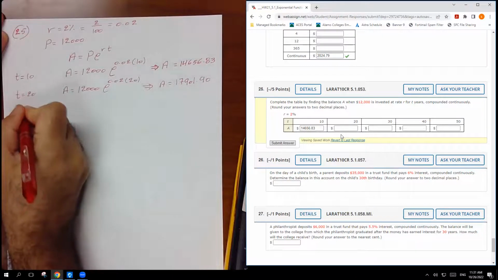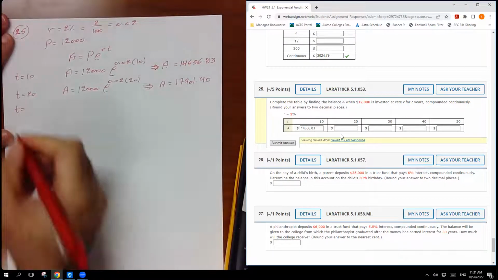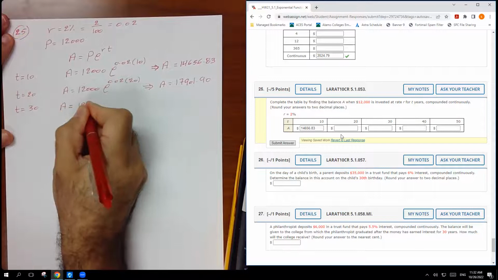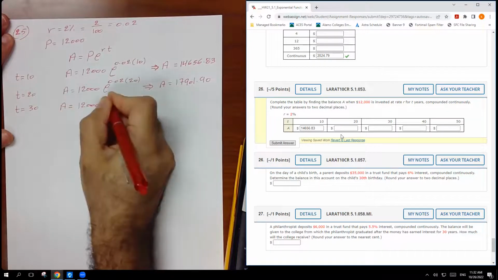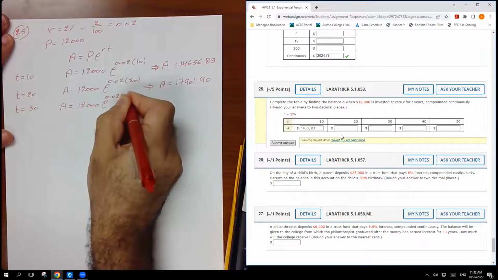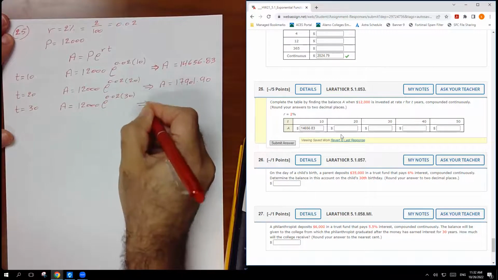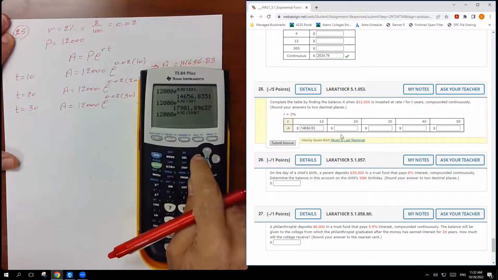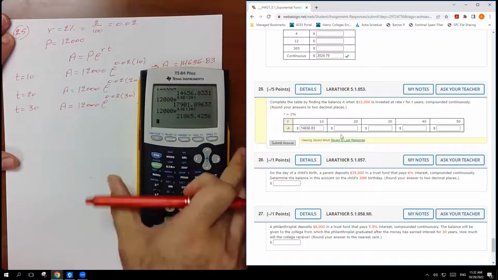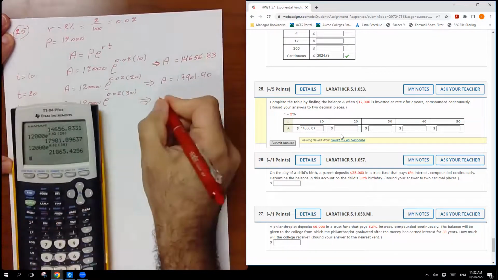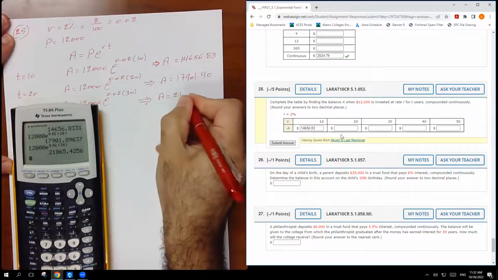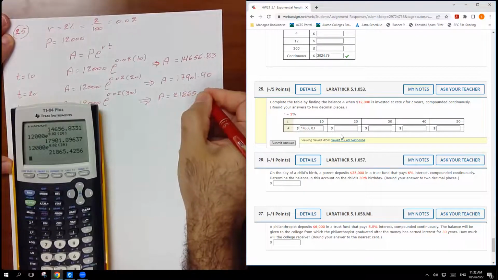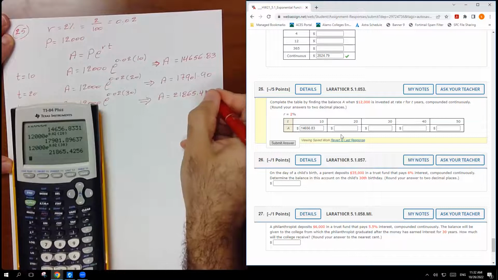When t equals 30, the third one, the balance is going to be 12,000 e to the 0.02 times 30. It's the same thing. We're just going to change the time to 30, and it's going to be 21,865.43.